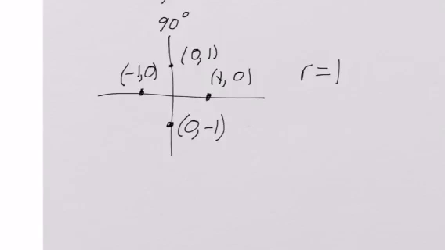You have 90 degrees, 180 degrees, 270 degrees, and 360 degrees, and we could be dealing with coterminal angles. So make sure that you account for that. But otherwise, you'll still plug them into the same formula, and this will get you the answer that you're looking for.